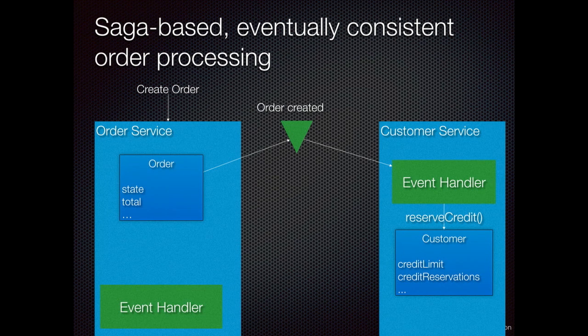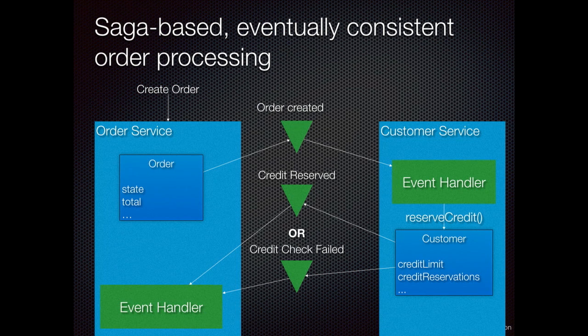And then the customer service will emit an event that represents the outcome of the attempt to reserve credit, either a credit reserved event or a credit check failed event. The order service is going to subscribe to those events, and when it receives one, it will either approve the order or reject it. So as you can see, we've got these two services.